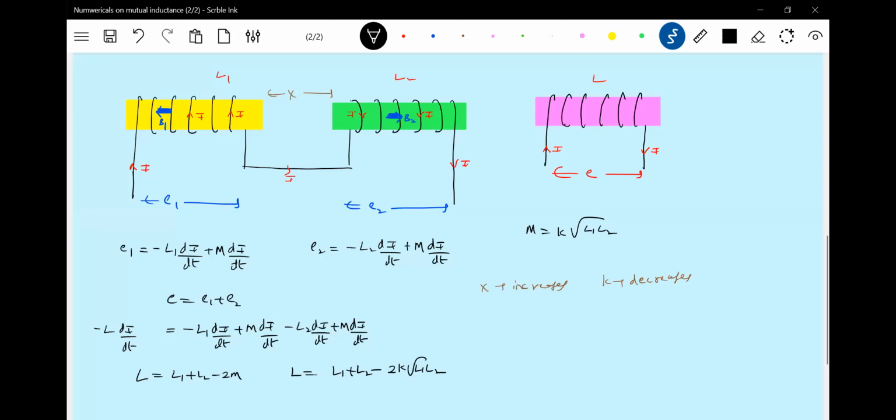So some applications don't want mutual inductance. What is the case, sir? It's the coefficient of coupling. The symbol for this we'll put here. Coefficient of coupling is a measure of how much flux links one coil due to the field produced by the other coil.